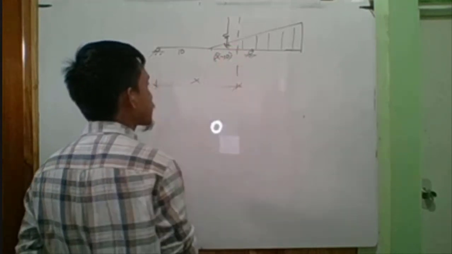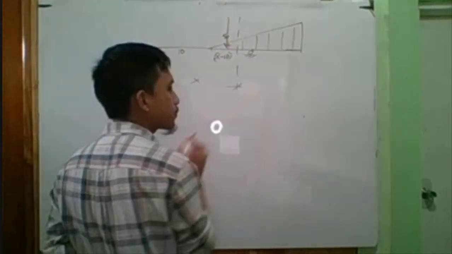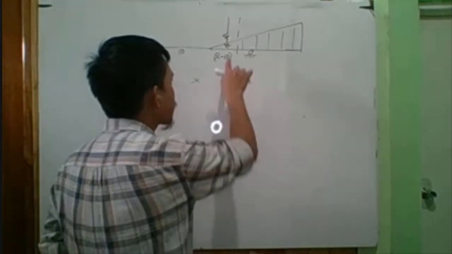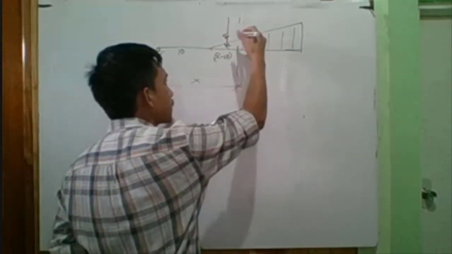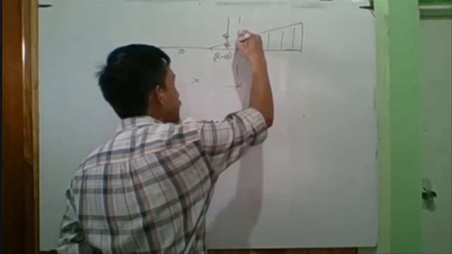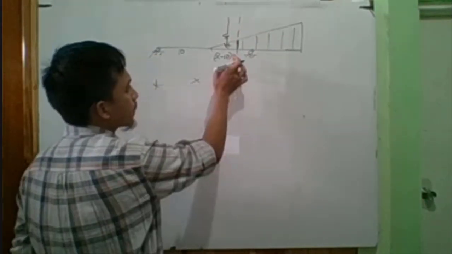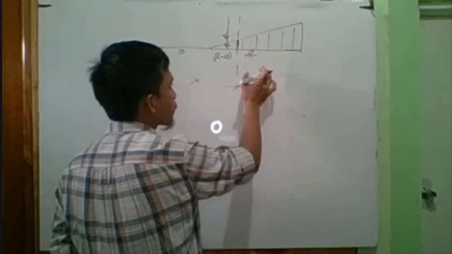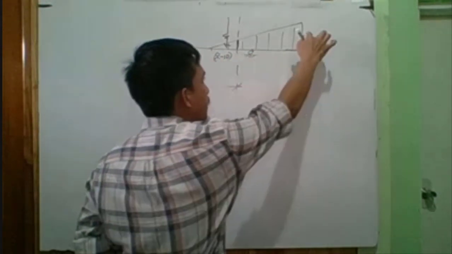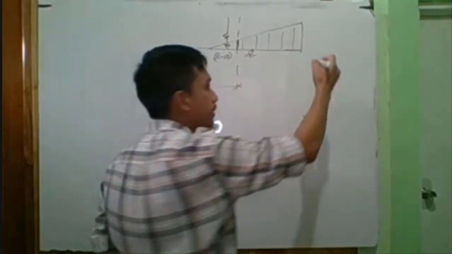Okay, this distance here is x minus 10. So for me to convert that into a concentrated load, get the area of the triangle, so that is 1/2 base times height. But I need to know the height of this triangle in this portion. So how do I get that one? So given this x minus 10 as the distance, I can do ratio and proportion. So this is 10, that is 10, and that is given on that 200.